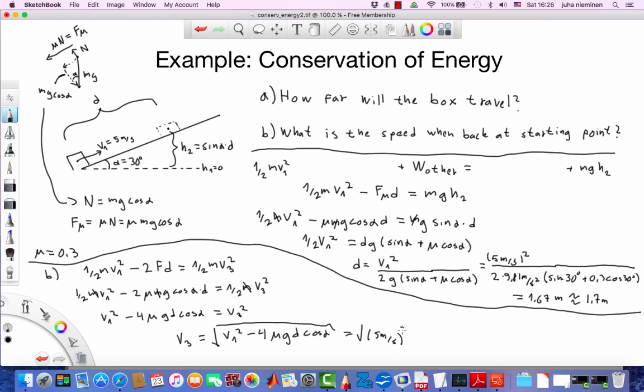v1 is 5 meters per second, so v1 squared is 5 meters per second squared, minus 4 times mu 0.3, g 9.81 meters per second squared. d is now 1.67 meters one way, and cosine of 30 degrees.